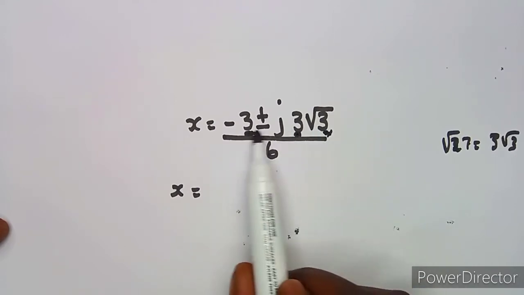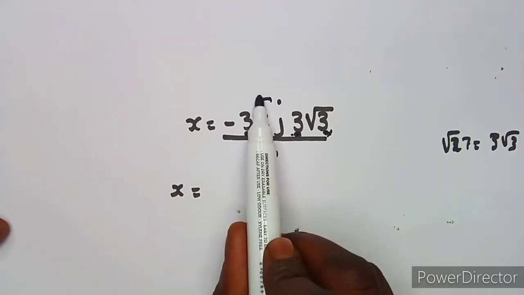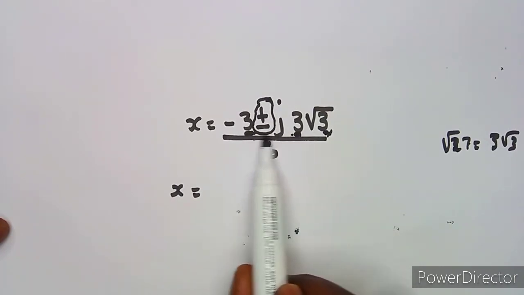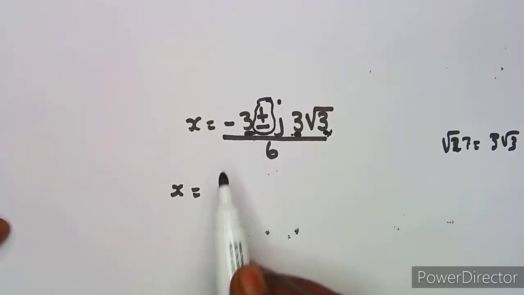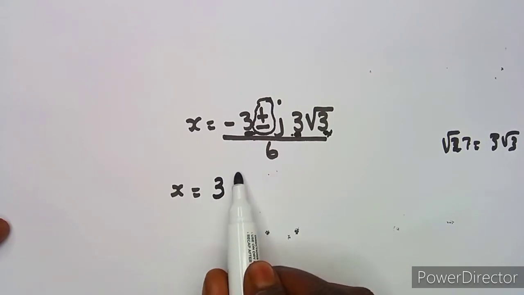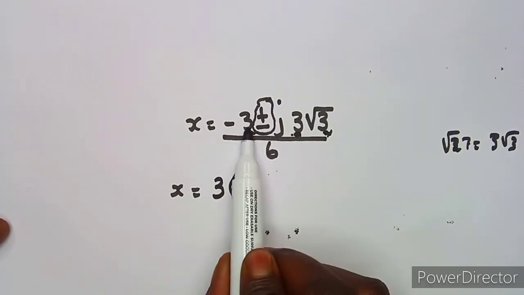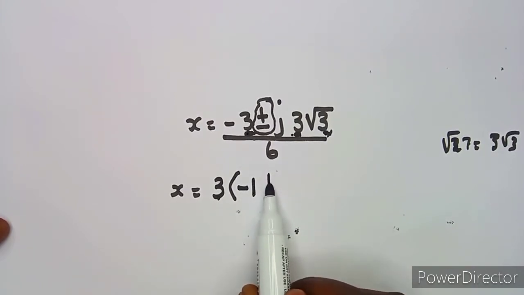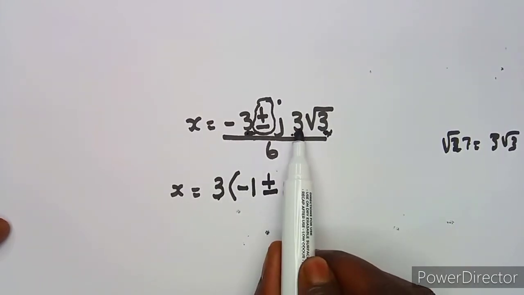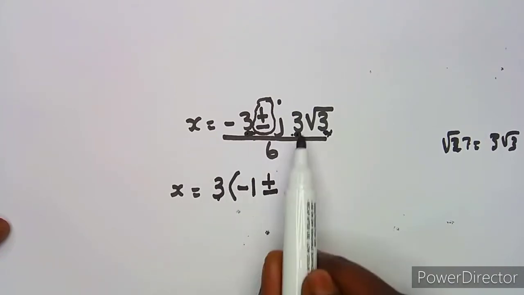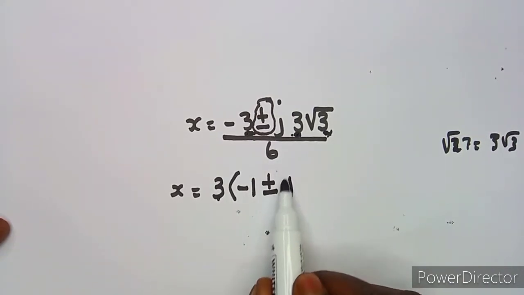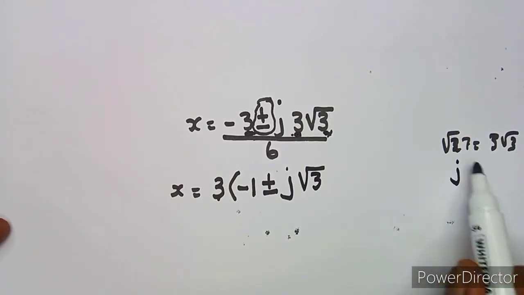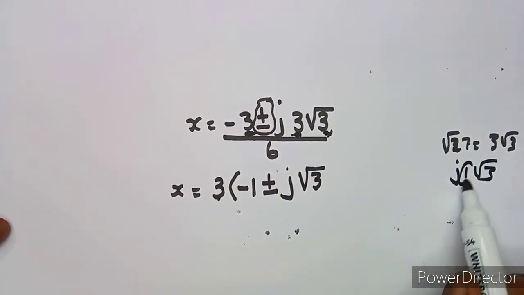You can factor out these two because there's a sign in between, so that is why you can separate, because these are two separate terms. All right, if I factor out 3, I'm going to be left with -3 divided by 3, which is -1, plus or minus 3, and 3 will cancel, which means you're going to be left with j square root of 3. Guys, the j position does not matter.